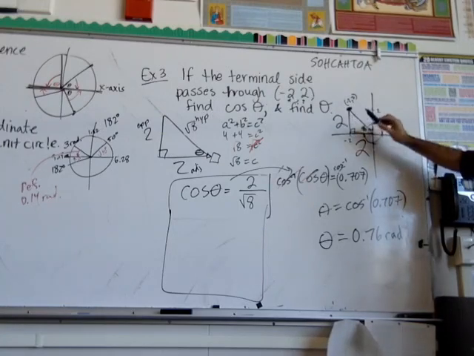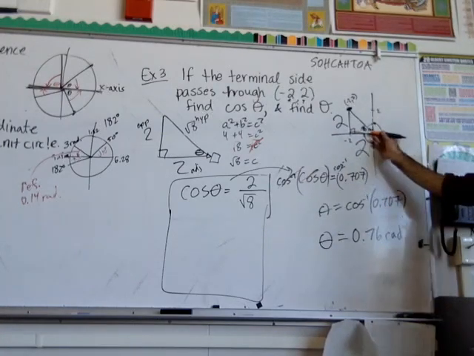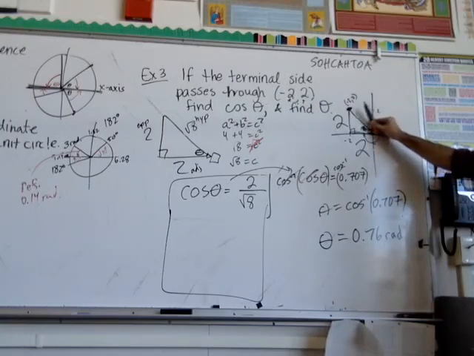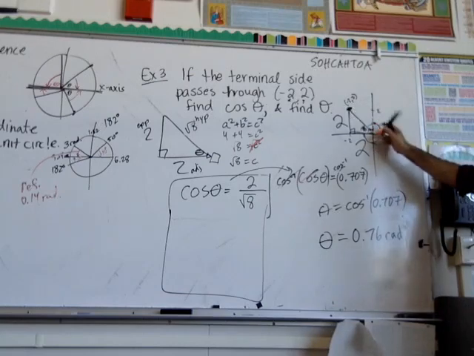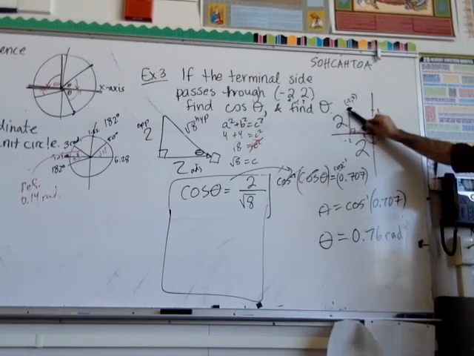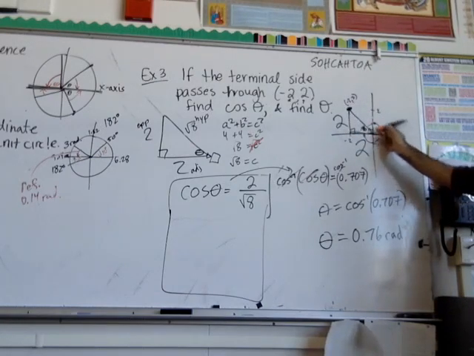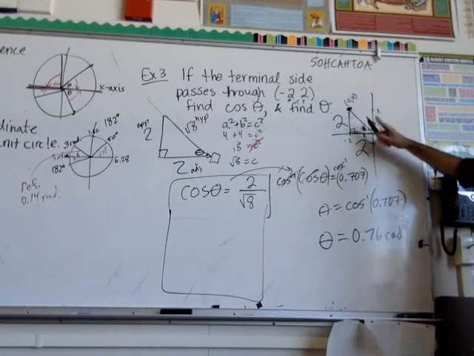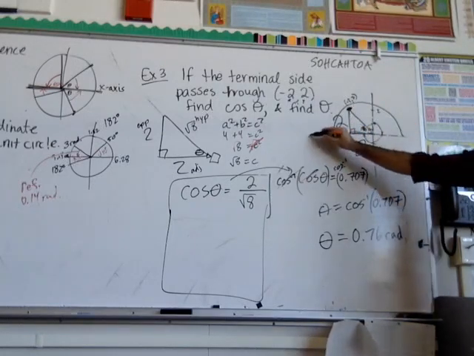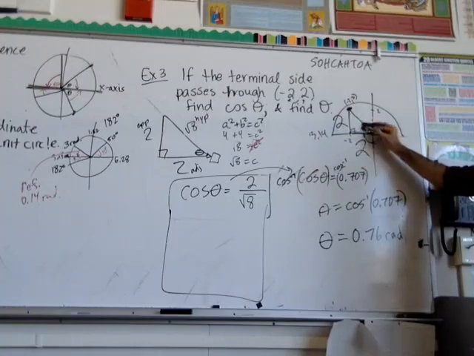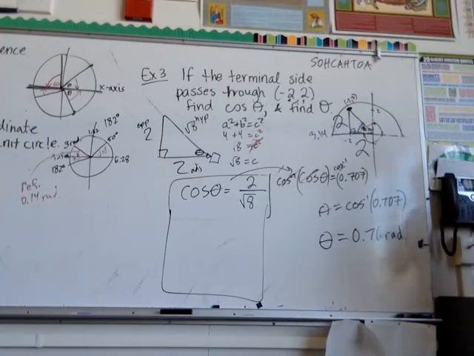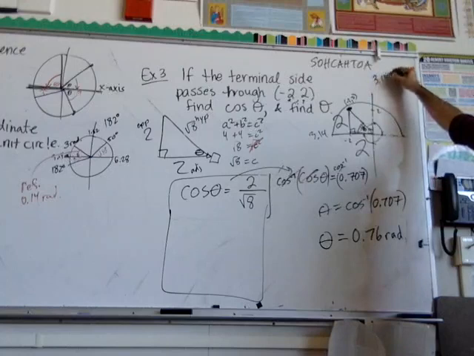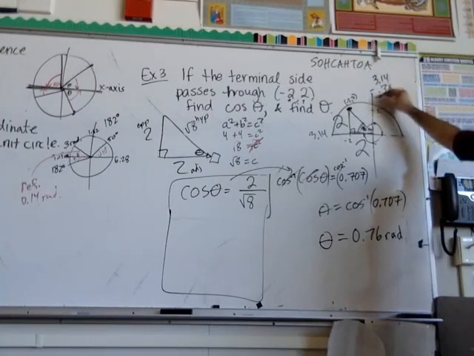But we're looking for theta in reference to the initial side rotating over to get to that one radian right here. So if I know that this is 0.76, I know all of it together is pi, 3.14. How can I find this part? So all the way, 3.14. I know this little part is 0.76, so subtract it. 3.14 minus 0.76.